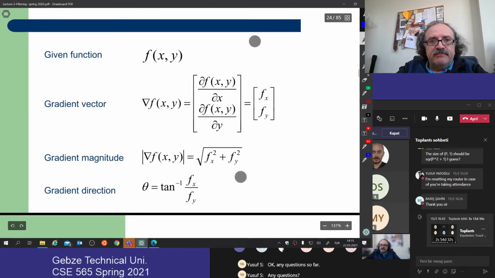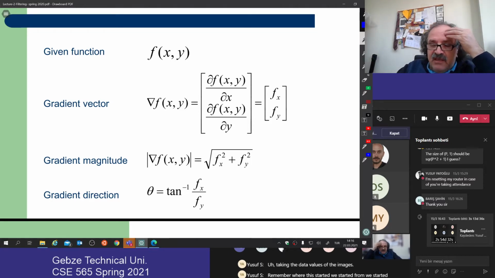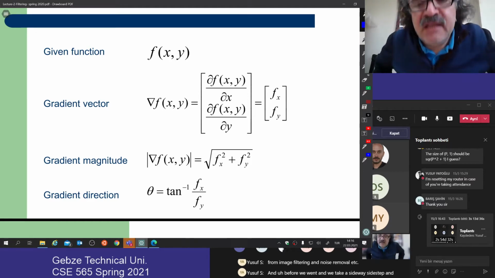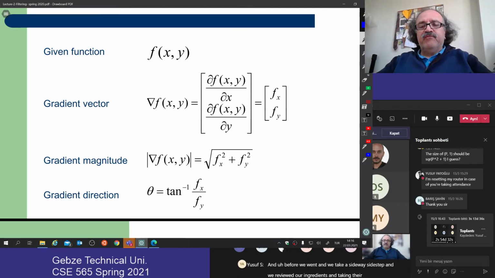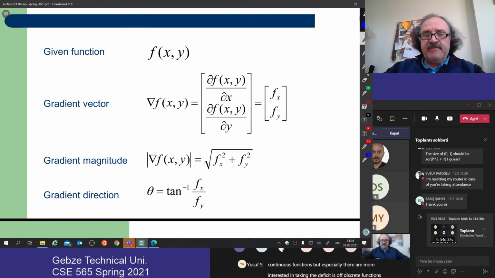Okay, so again, I gave you some definitions, but these definitions are all defined on taking the derivatives of the images. Remember where we started? We started from image filtering and noise removal and etc. And before we went on, we took a side step, and we reviewed our gradients and taking derivatives of continuous functions, but especially we are more interested in taking the derivatives of discrete functions and images especially.